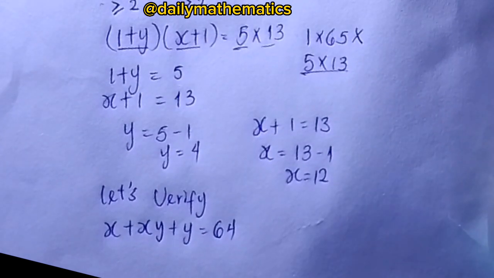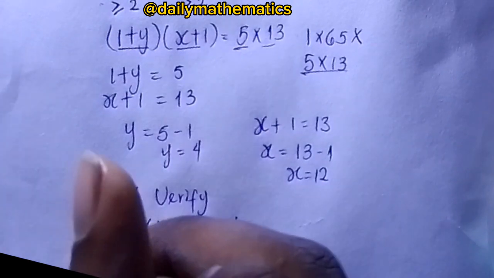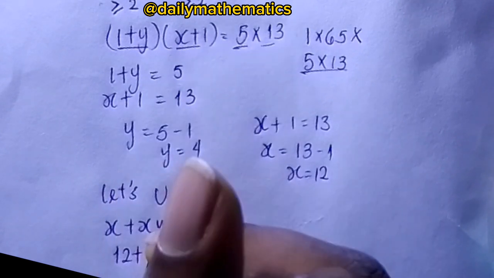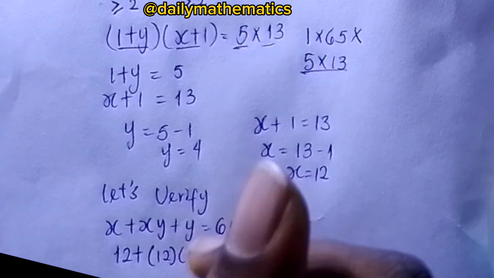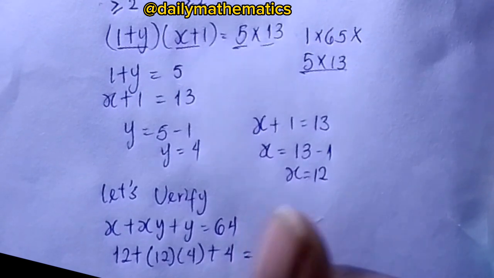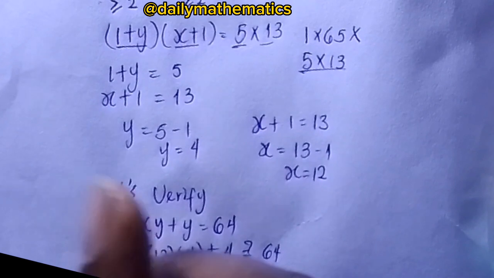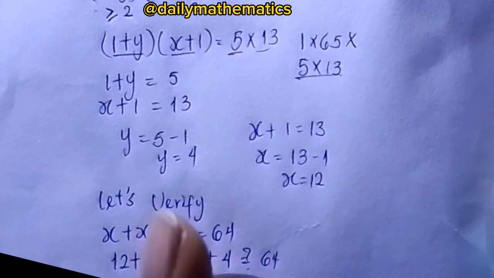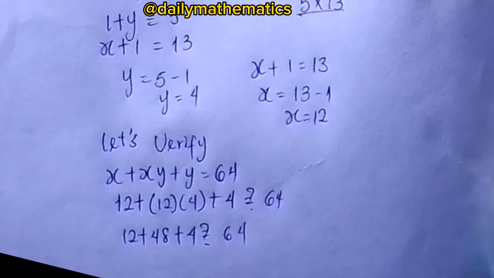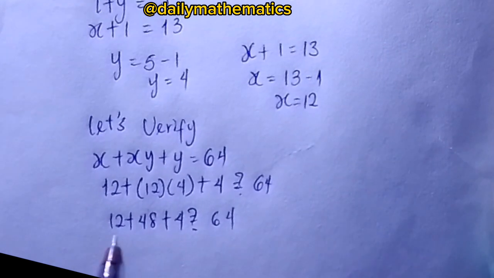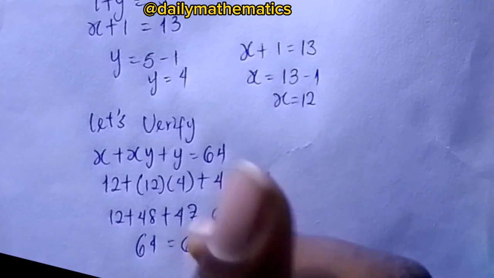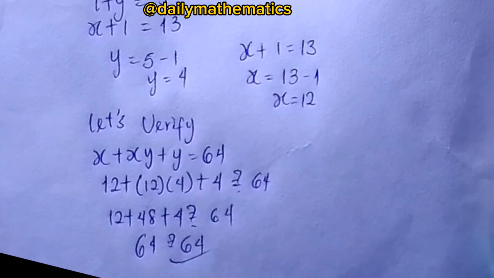Our x is 12 and y is 4, so 12 times 4 plus 12 plus 4 equals 64. 12 times 4 is 48, plus 12 is 60, plus 4 is 64. So we have 64 equals 64, which means we are correct.